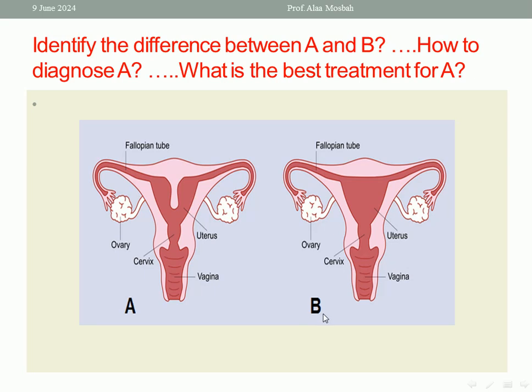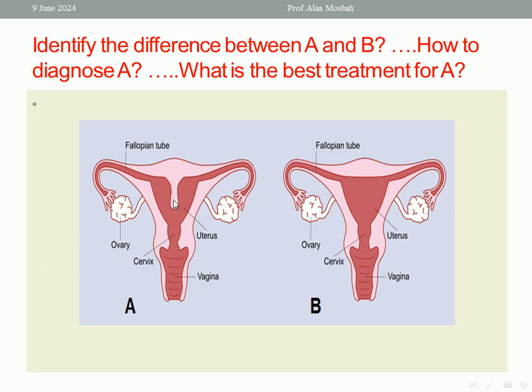What is the best treatment of uterine septum in A? Hysteroscopic metroplasty or hysteroscopic resection of uterine septum is the best line of treatment. However, if asymptomatic and no complications, you may just follow up the patient.